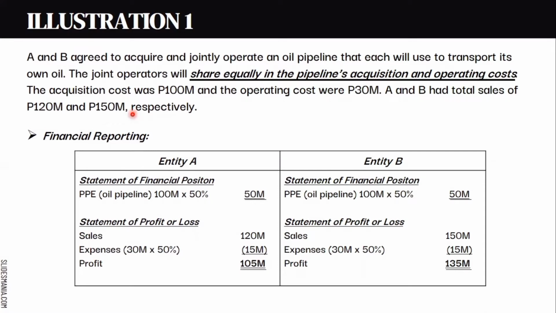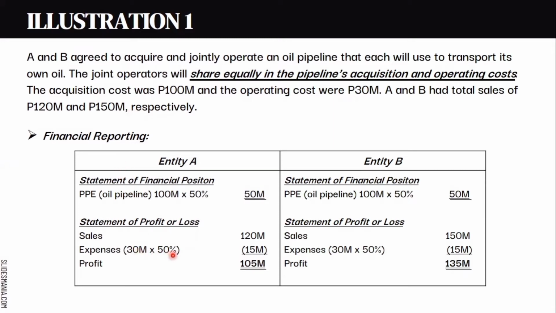Yan yung sinasabi ko sa inyo kanina na joint operators must recognize their own assets, liabilities, income, and expenses. Yan yung own. Okay? Pagdating naman sa operating costs, expenses yan, 30 million multiplied by 50%.